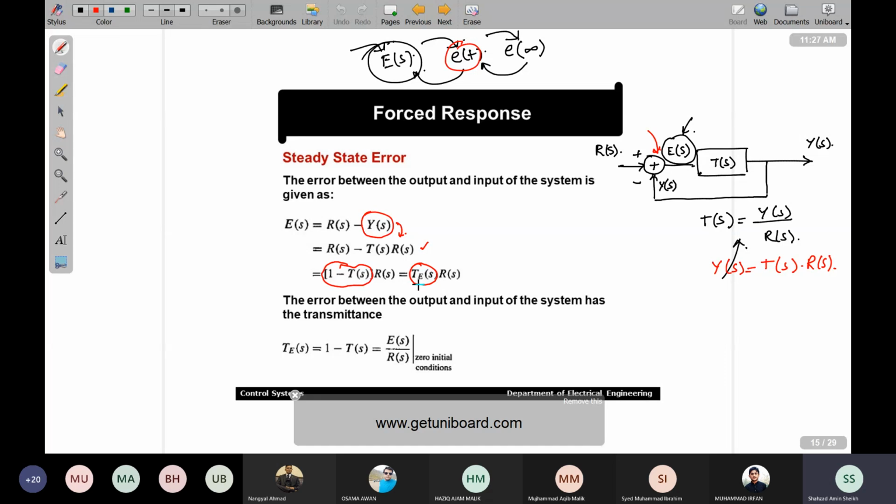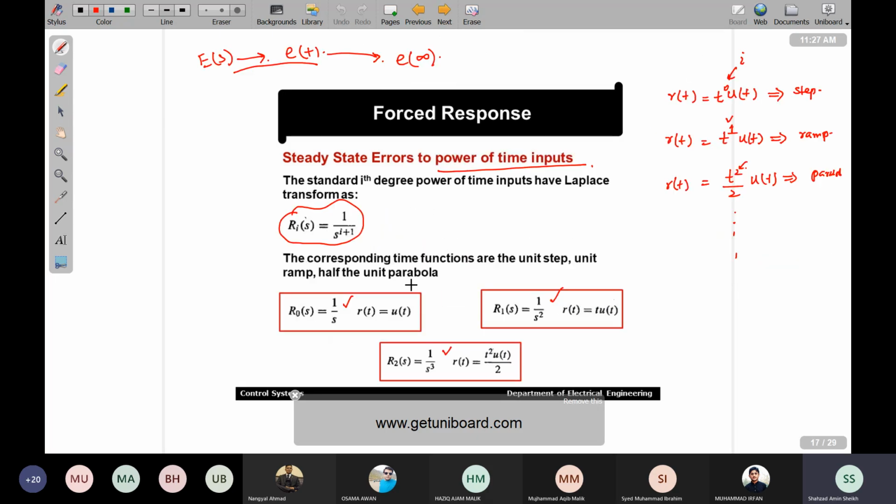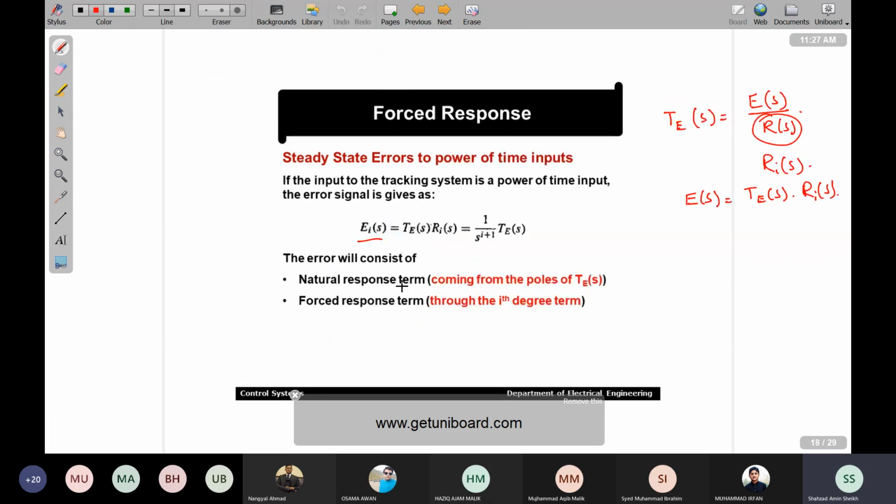So as a result of that, TFS का जो natural component है, that would be coming from the characteristic polynomial of the TFS, because the characteristic roots of TFS and TEFS are the same. So as a result of that, we are saying that the natural response term is coming from the poles of TEFS or poles of TFS. It's the same thing. And forced response is coming from the ith degree term.